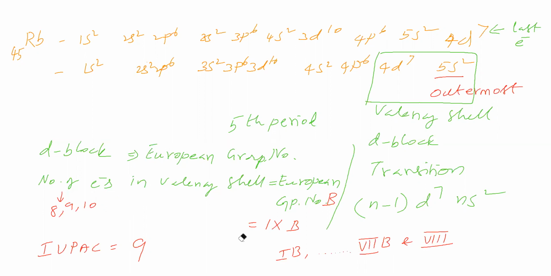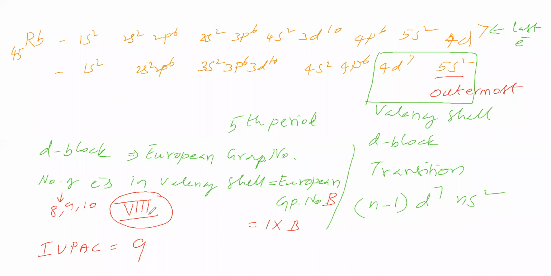in a d block element, you say the European group number is just the Roman numeral 8, without any b. Why? Because this 8th group contains 3 families: the iron family, the cobalt family, and the nickel family.